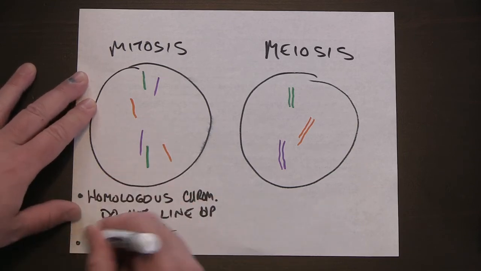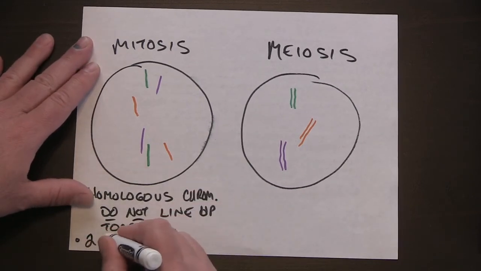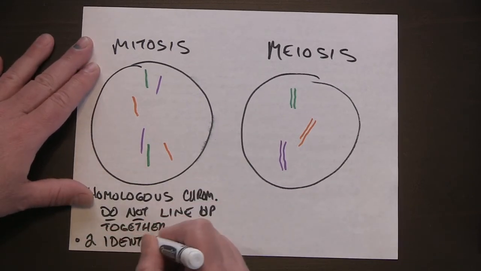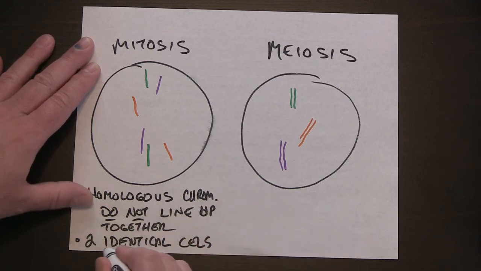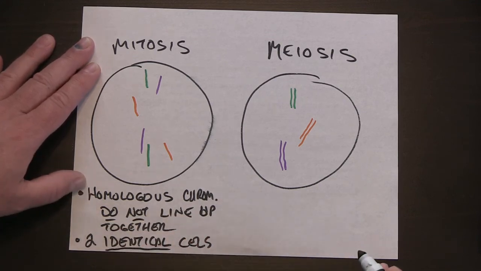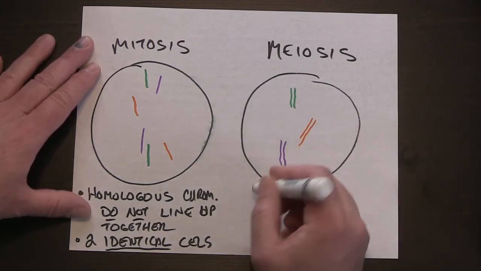So that's one point. And you create 2 identical daughter cells. They're genetically identical.